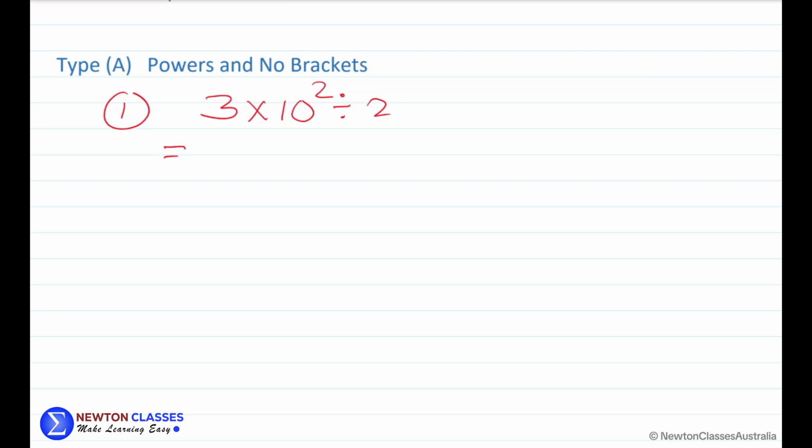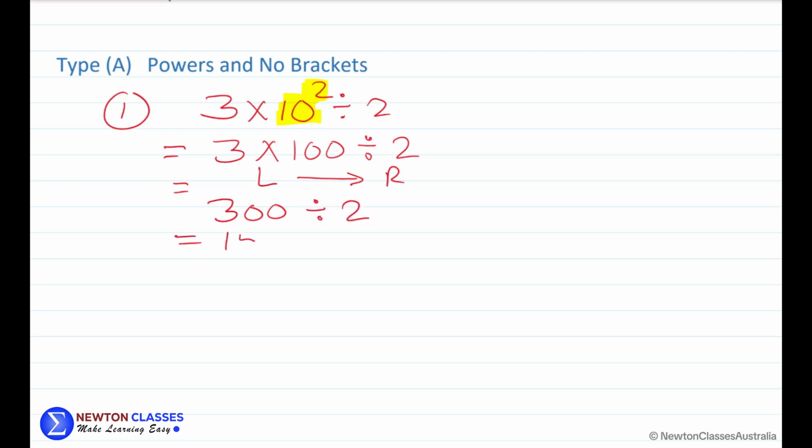We focus first on 10 squared, which is 100. So 3 times 100 divided by 2. Again I apply BODMAS going from left to right. Multiply comes first, it is 300 divided by 2. I'm getting 150. So 150 is the answer.